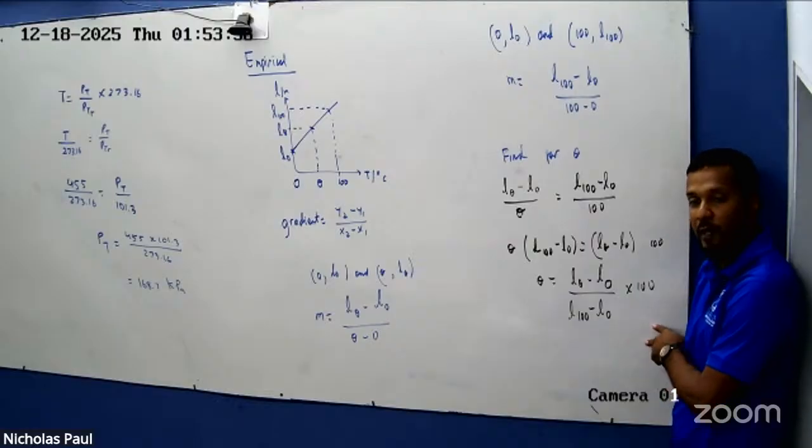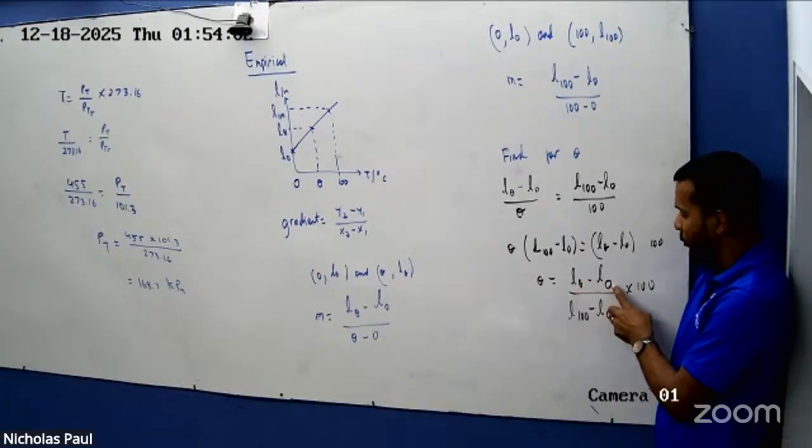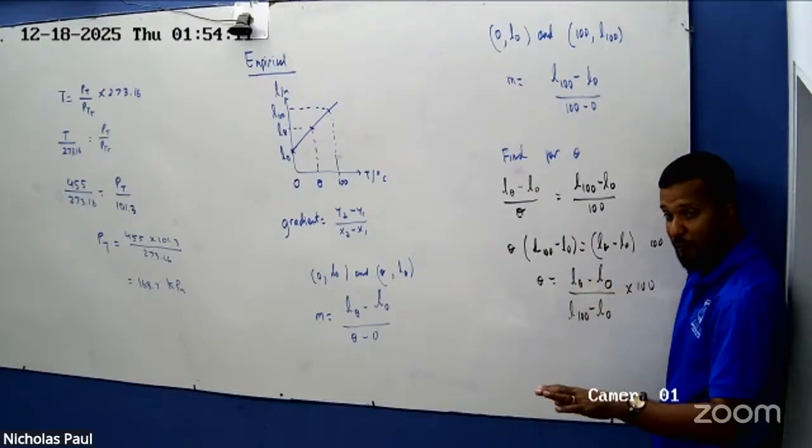So what do we need? We need the length of the column at the unknown temperature, the length of the column at 0 degrees, and the length of the column at 100 degrees. This could be any thermometric property you want.